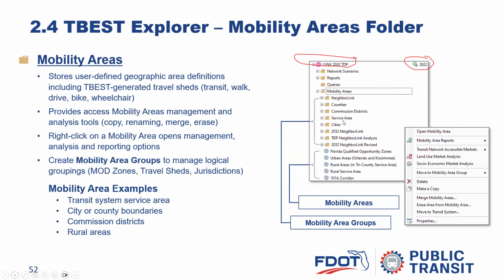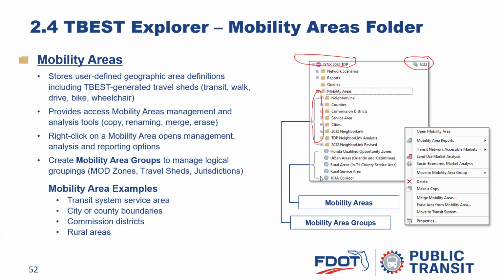Once again, we have the ability to create mobility area groups. You can see this grouping here is our groups of neighbor links, counties, commission districts, service areas, cities, and neighbor link is their mobility on demand in links. It's called neighbor link. And so they have all the zones set up in their folders, right?